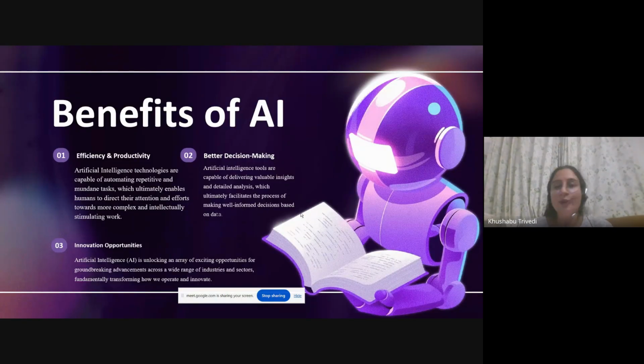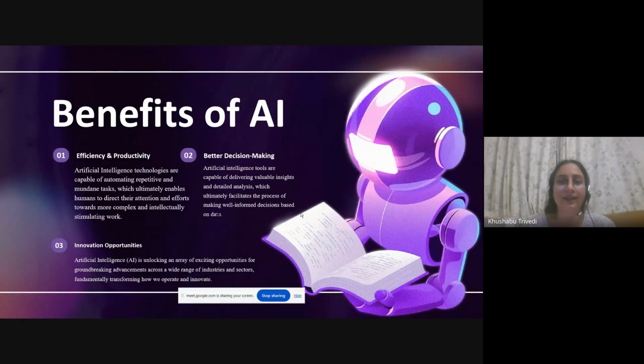The benefits of AI: it brings efficiency and productivity. It is increasing productivity. We can make better decisions using AI techniques, right? We can use the innovation opportunities. We can use AI tools for our research work in much less time, right? So there are many benefits of AI.